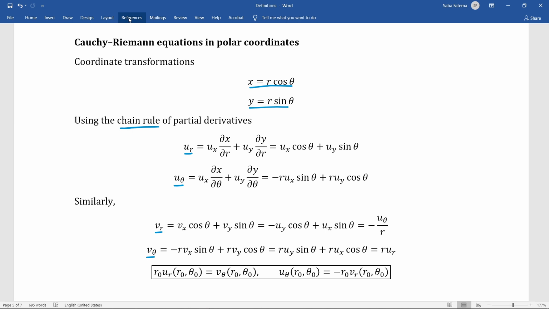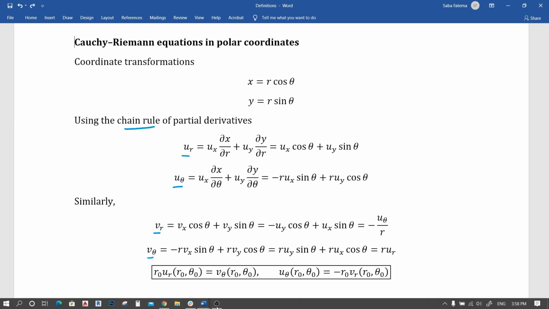Let's have the detailed calculation for one of them. Initially, both the functions u and v are functions of x and y. Now, in order to get u sub r, that is, the partial derivative of u with respect to r, we are going to apply the chain rule of partial derivatives.